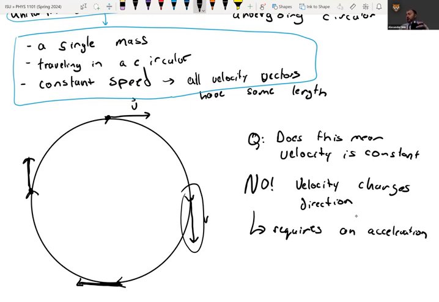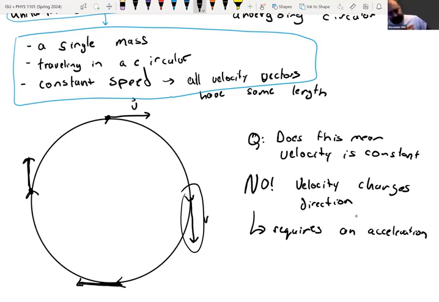Now, if you thought this was going at constant velocity, and so there was no acceleration, well, you are in reasonable company. Galileo thought the same thing. It's why he couldn't make the connection between forces, the force of gravity, and the rotation of orbits.